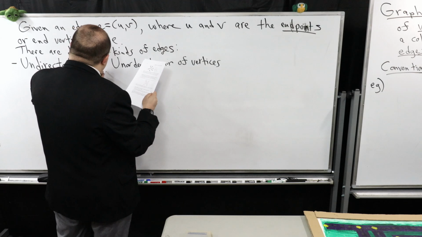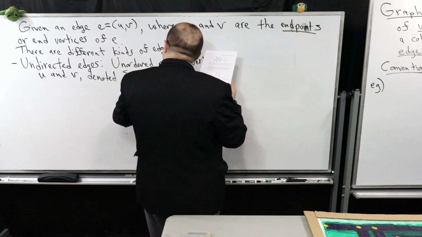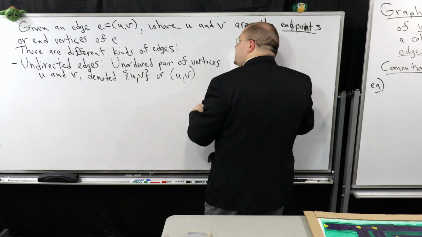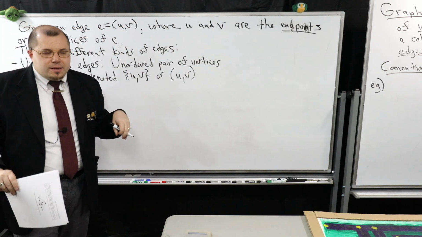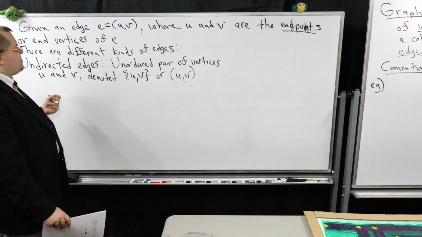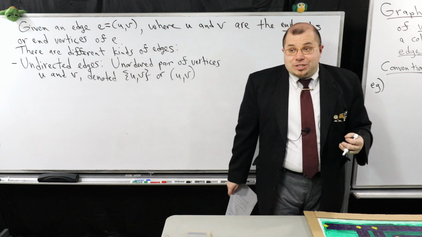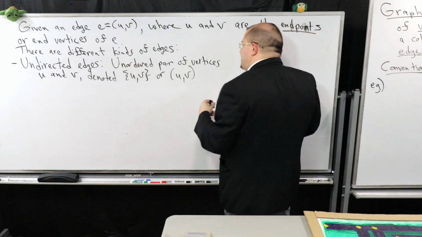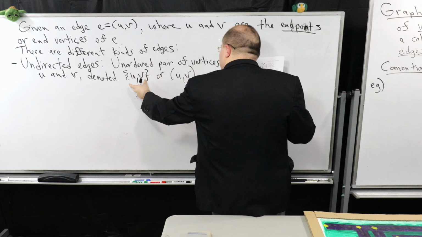Denoted as {U, V} like this, or (U, V). I must stress that when you use the rounded parentheses, I recommend that you make it clear that the graph you're talking about is undirected. This is because there's another type of edge that imposes an ordering on the endpoints, which is called a directed graph, which I'll talk about in just a short moment. It usually makes it a little easier to tell that you're talking about an undirected graph if you write it like this.